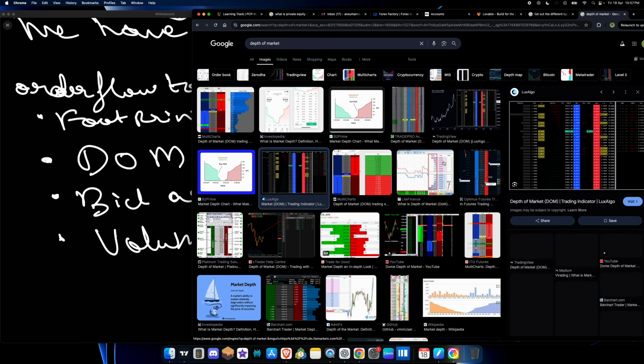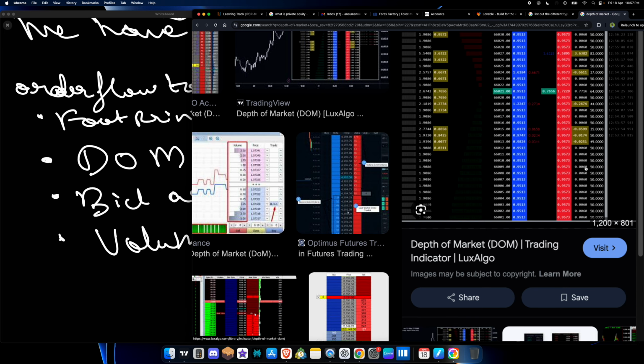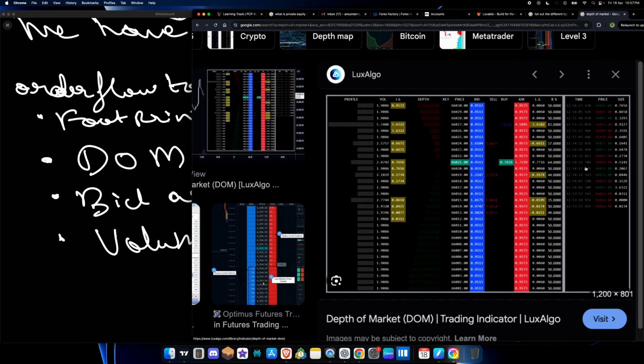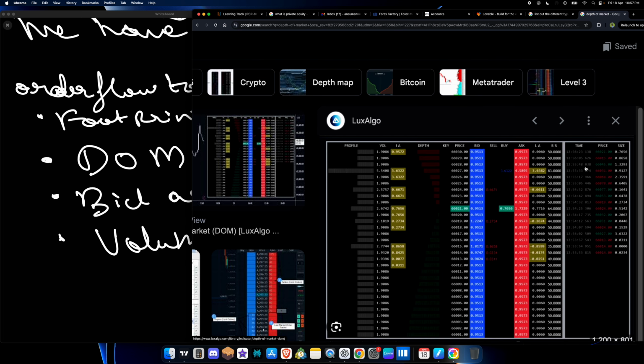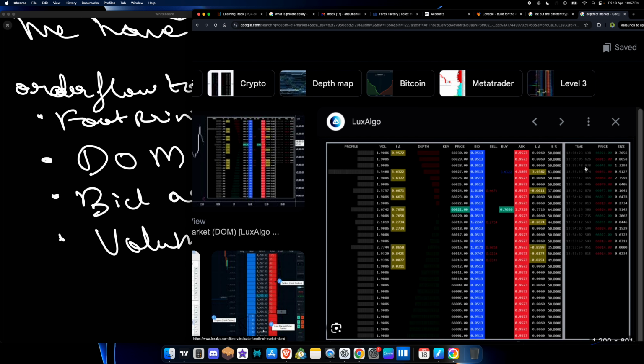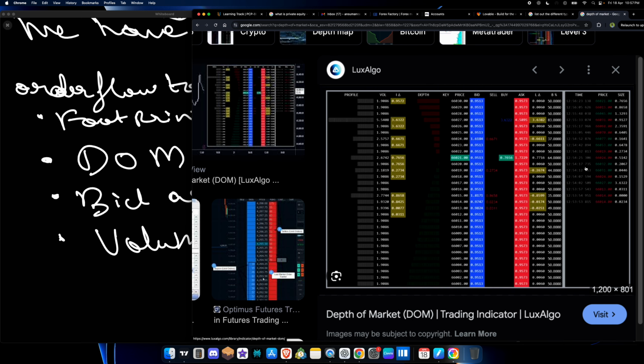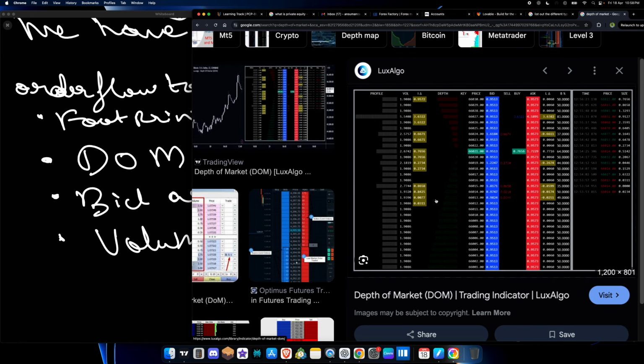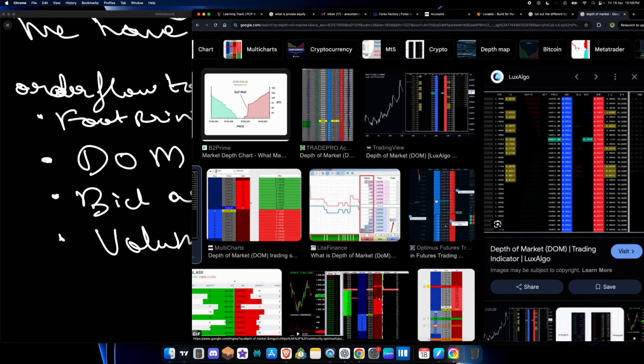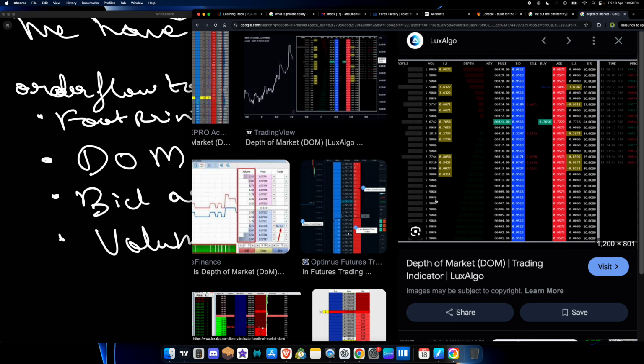If you ever opened CoinDCX or Binance or any crypto exchange and saw the trading user interface, you might have seen this. But in futures contracts, you can actually have access to it.